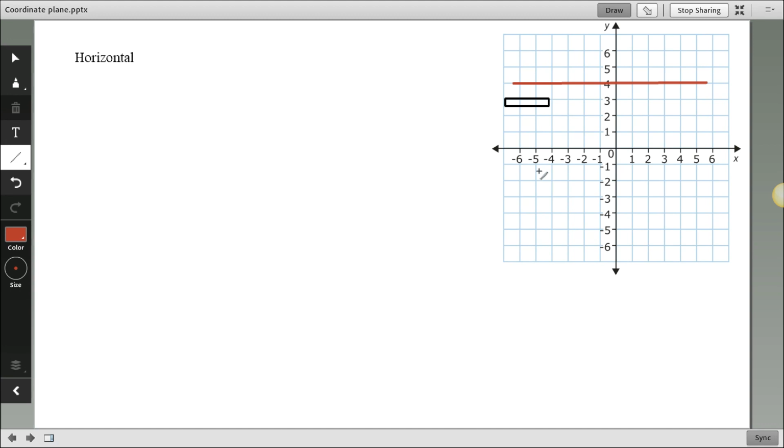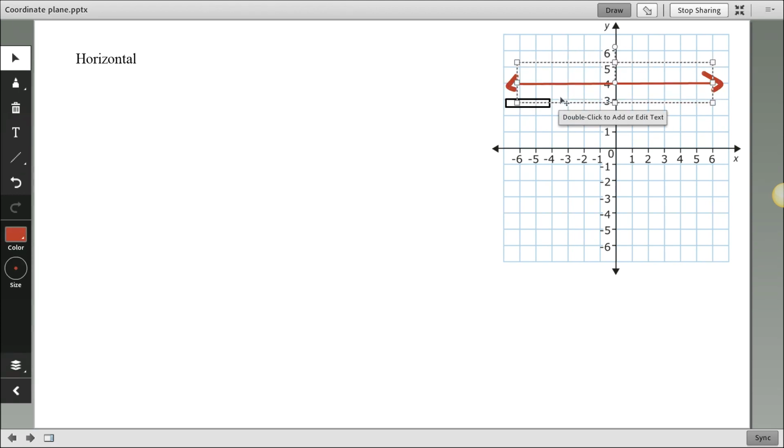So that's a horizontal line. Let me get rid of that box. You stay there. You don't want to leave. Okay, so that's a horizontal line. So now what things do we know about a horizontal line?